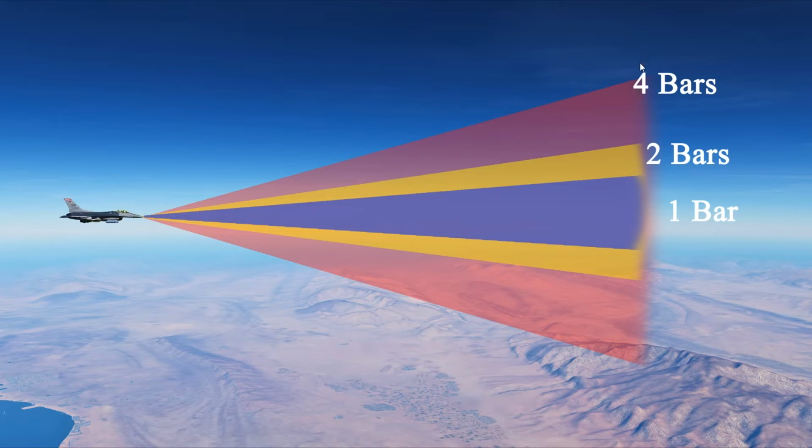As we talked about, this is the reason why you want to use 4 bars if you're searching and just looking for anything, versus 2 bars or 1 bar if you know where to look, right? If you know what chunk of the sky you need to look at, you want to be in 1 or 2 bars so you're not wasting time scanning through 4 bars. Obviously 4 bars is going to take longer to scan than 2 bars and 1 bar.